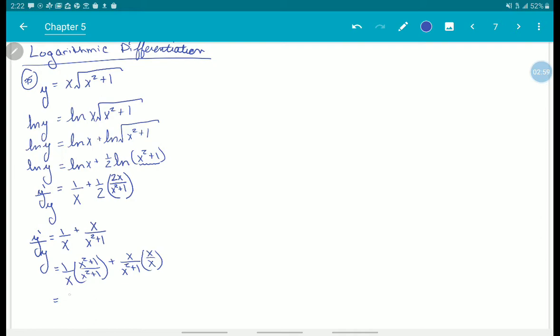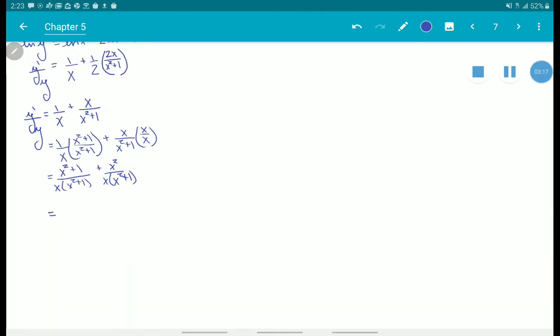So we have x squared plus 1 over x times x squared plus 1, plus x squared over x times x squared plus 1. Then if we put this together, we have that common denominator, so we can add the numerators. We're going to have 2x squared plus 1 over x times x squared plus 1.